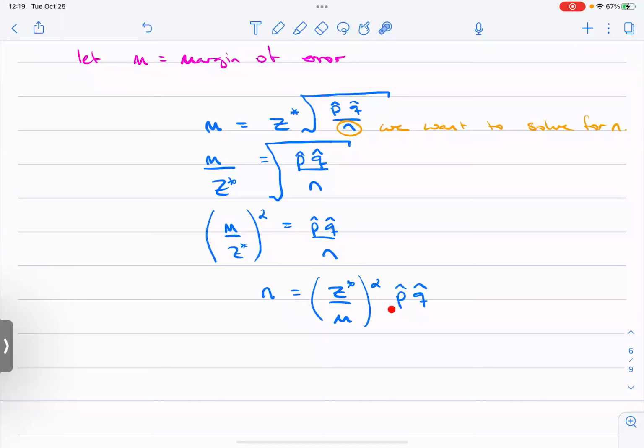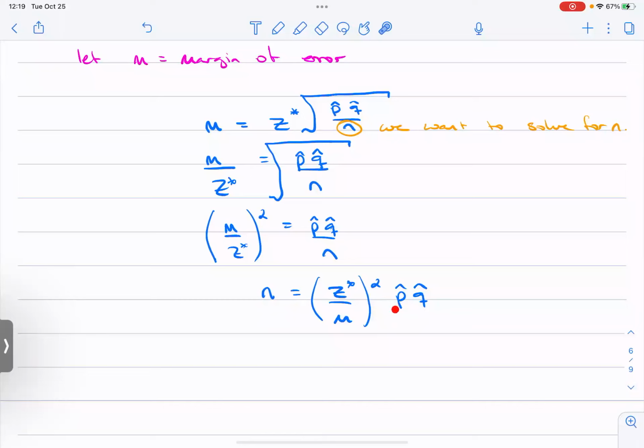There's a problem here. If I haven't collected any data, I don't have a sample proportion. So there are two scenarios. If I have a previous sample proportion that I could use, then I use that as an estimate, because it gives me a pretty good idea of what to expect.